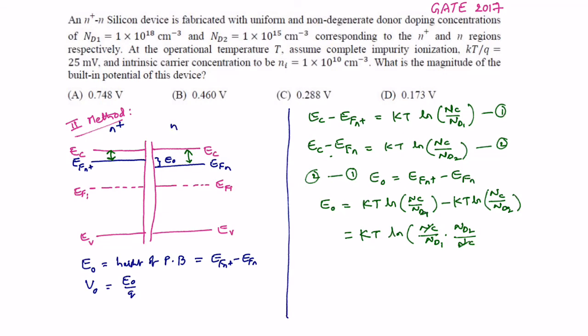Sorry, this is ND2, it is ND1. So finally what you are going to get is KT natural logarithm of ND1 divided by ND2.